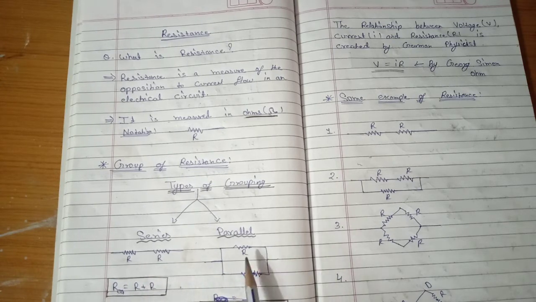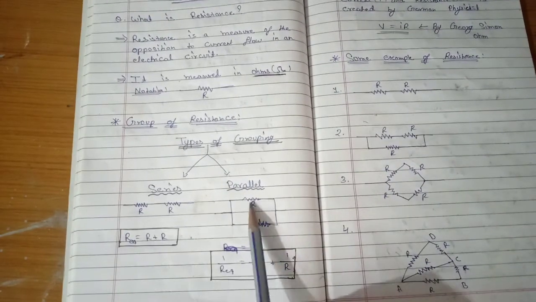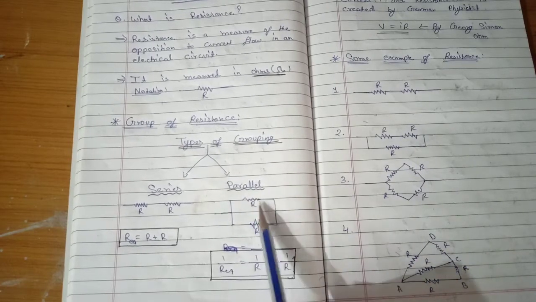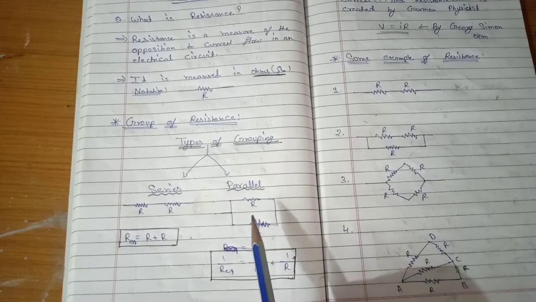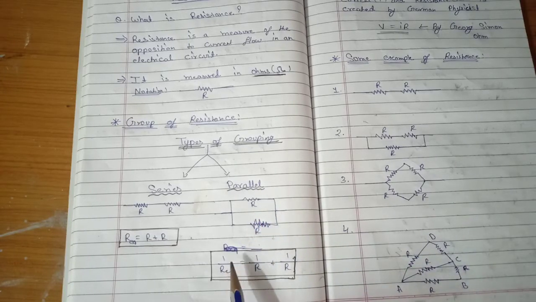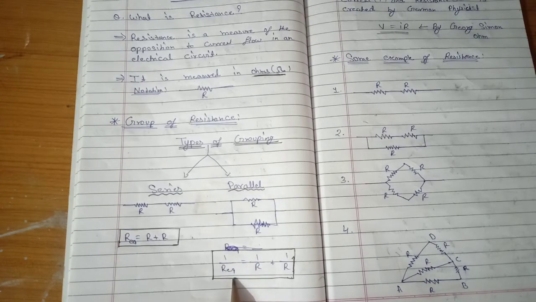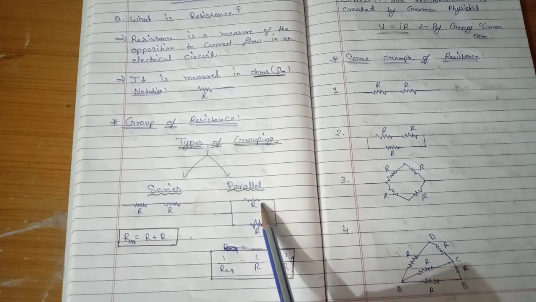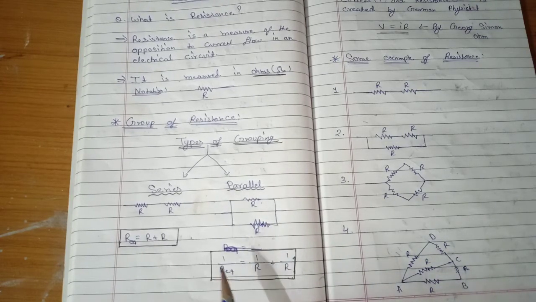But in a parallel condition, if you see, this is a parallel condition. R and R both are in parallel. So for this, if you want to find the equivalent resistance, the formula is 1 upon Req. Req is the equivalent resistance, equal to 1 upon R plus 1 upon R. This is for two.